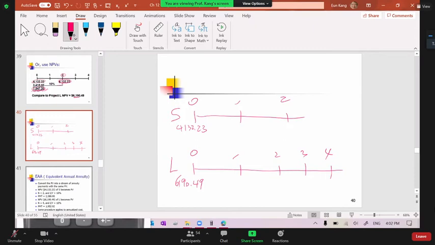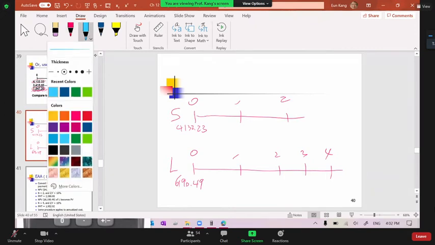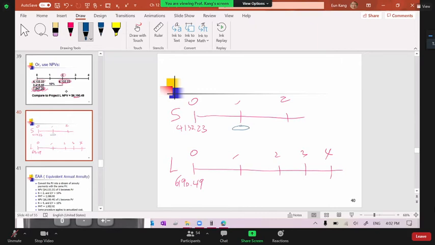Then what is the per year NPV? So for each year, you can get a per year NPV. How can you get the per year NPV? Somebody may say, divide it?